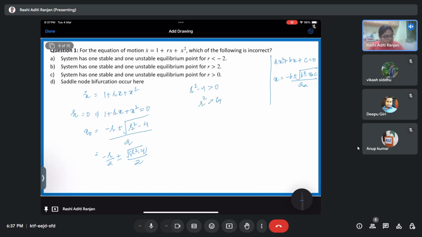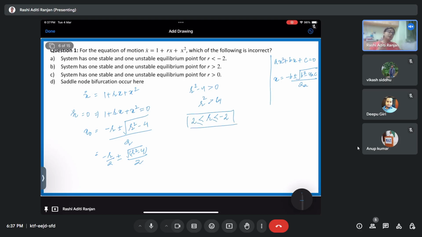This is going to give us nothing but r should be less than minus 2 or r should be greater than 2. You'll see that only if this condition is satisfied, these two fixed points are going to exist. Otherwise, my fixed points are not going to exist. Correct? r should be greater than 2 or r should be less than minus 2. And there can be an equality as well, no doubt.